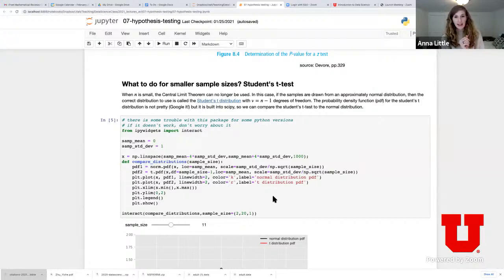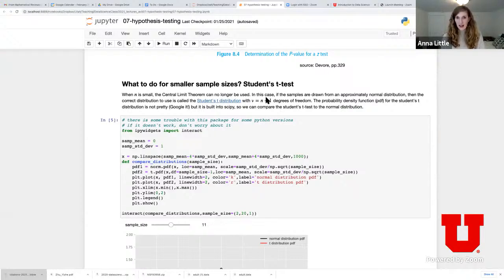So in practice, we actually would usually use a t-test. And this is a good thing to do if the sample size is small. If the size is large, it really doesn't matter. For a large n, S and sigma are so close to each other that it really doesn't matter. But if the sample size is small, it's more important to take this into account.